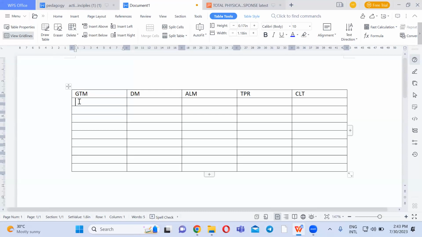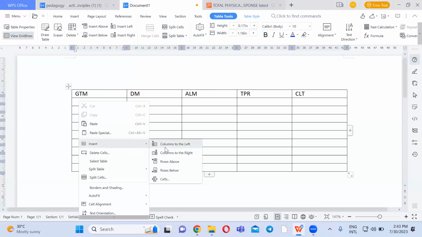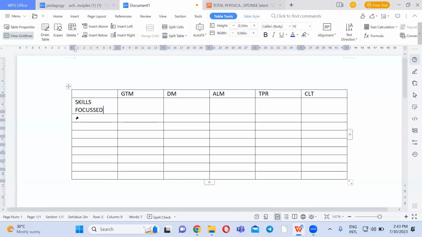And I need you to insert another column to the left, okay? There you can actually put criteria: skills focused. Some I'm giving, but you can actually think and do, right? Skills focused. And then you can say the role of L1.